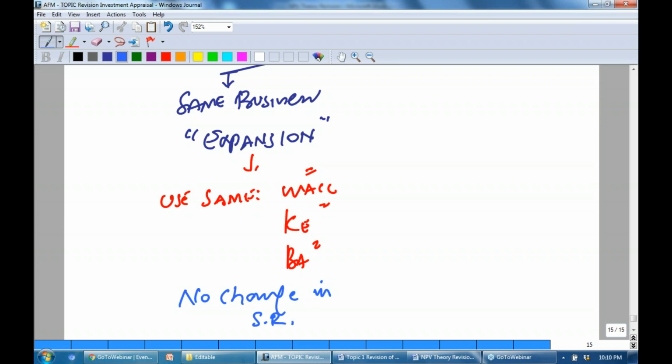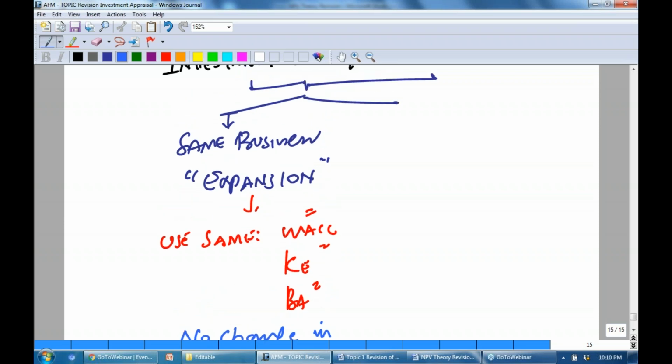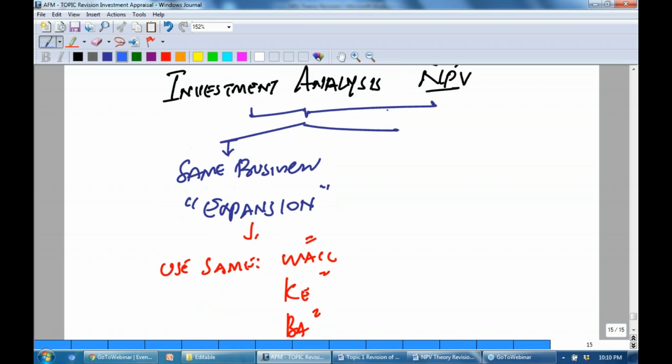But what if you are a bank and you are analyzing the investment with a different business?